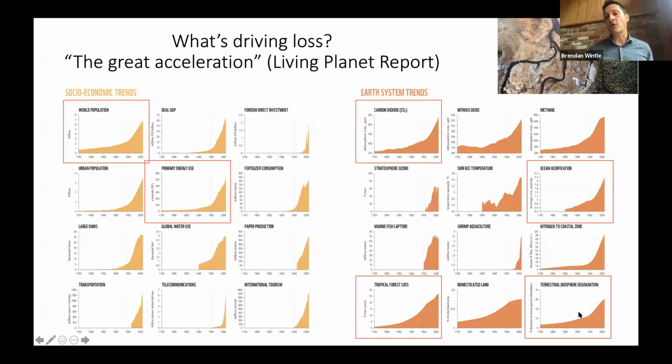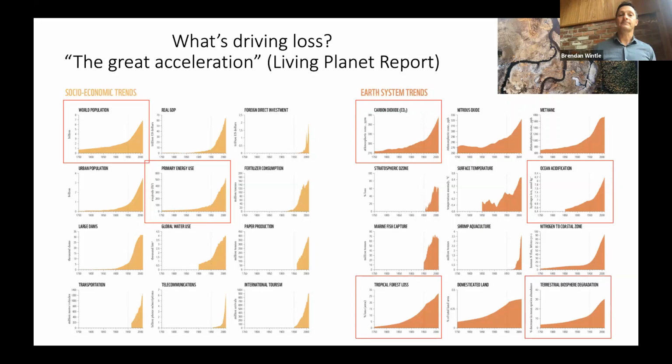I'm hoping you can follow my mouse because I appreciate there's a lot of plots on this, but that just really, I think, eloquently and graphically pins it all back to that fundamental driver of the number of us and the way we consume resources as a key driver for these biodiversity losses.